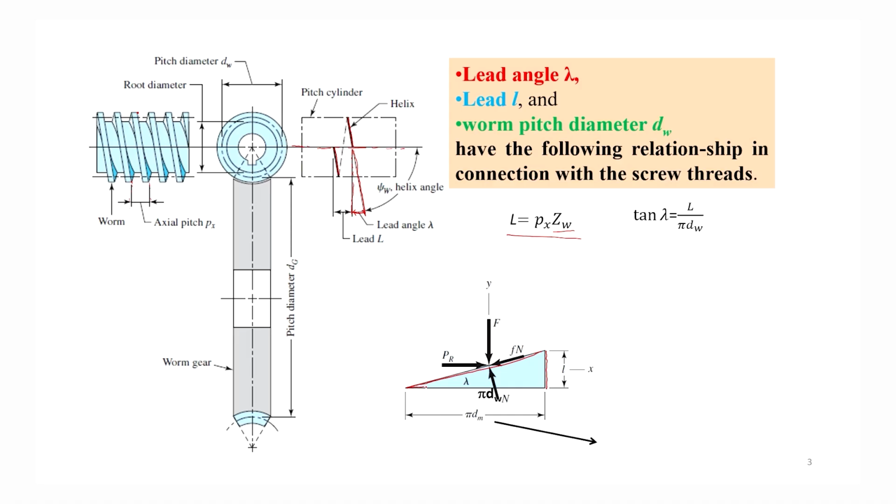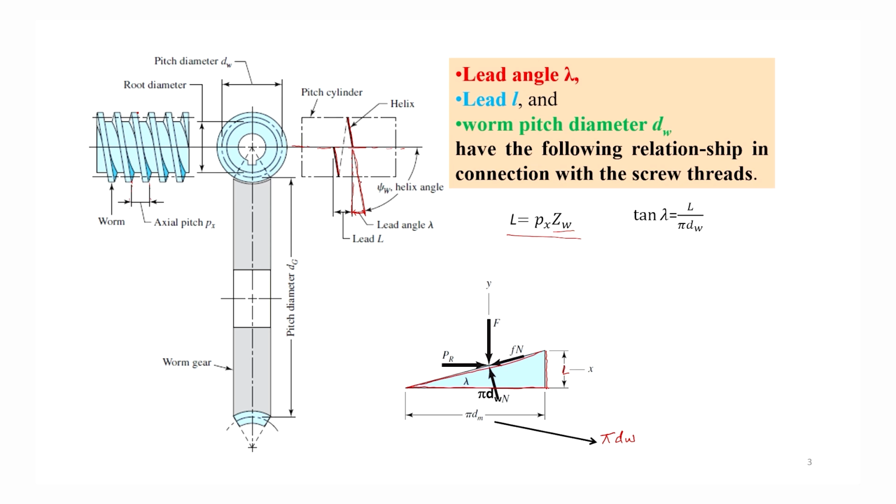Then this angle is called the lead angle, and the tan of the lead angle lambda is equal to the lead L divided by pi dw. In the case of the power screw, this was pi dm, the mean diameter. This will become pi dw, where dw is the pitch cylinder diameter of the worm. So, tan of the lead angle is L divided by pi dw.